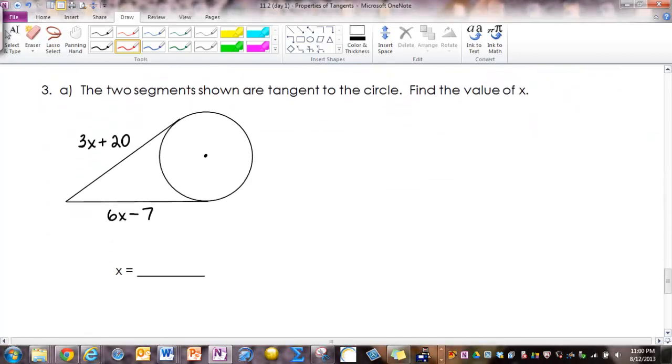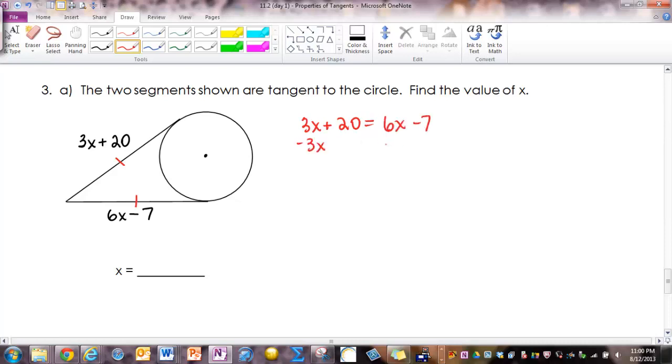Moving on to question 3a, it says the two segments shown are tangent to the circle. Find the value of x. Now if these two segments are both tangent to my circle, they are going to be congruent to each other. So the algebra problem I set up says 3x plus 20 equals 6x minus 7.